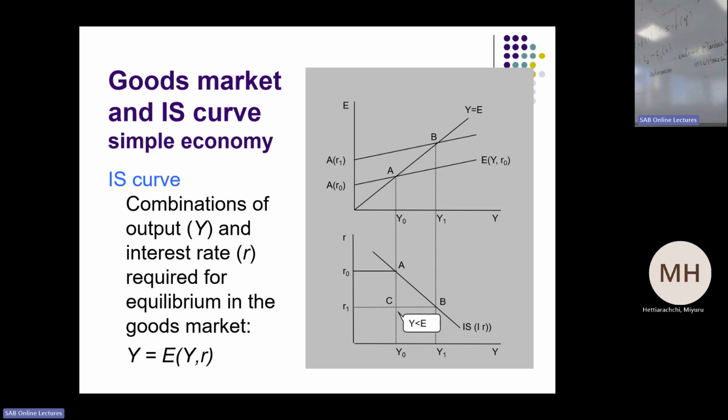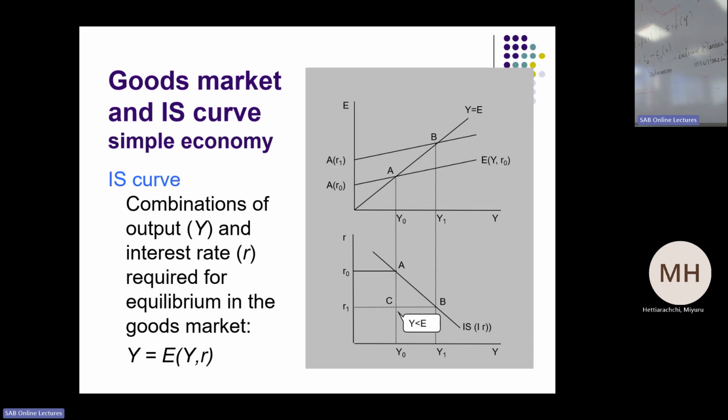Any point on the IS curve represents equilibrium, with no excess demand or excess supply, but above or below it, there is disequilibrium. Taking a point below, like point C, means Y is less than E. Aggregate demand is higher than aggregate supply, so there is excess demand for goods.